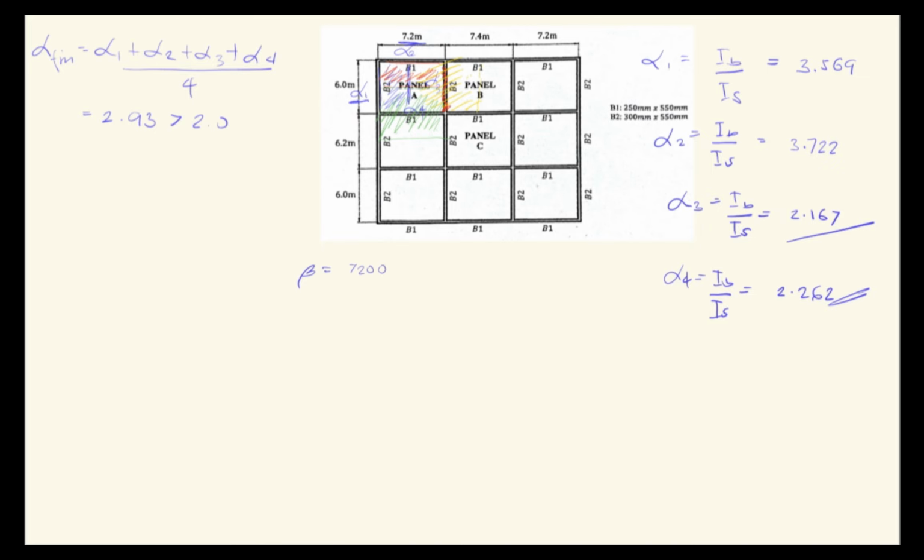And so beta is equal to 7,200. Okay, we deduct the dimension of B2, B2 and B2, so that would be less 300, to get the clear span in the long direction, divided by 6,000 or 6 meters, minus, we have B1 and B1, so minus 250, and this will give us 1.2.